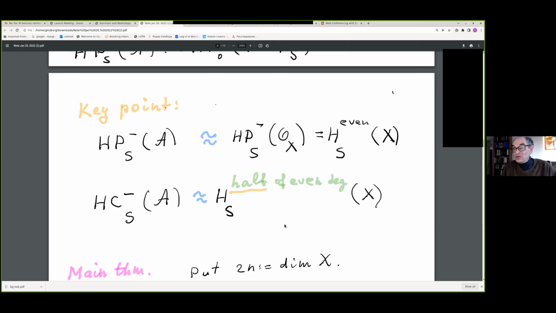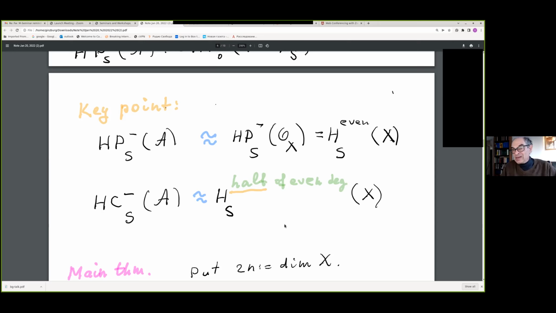So we have the structure sheaf OX, which is just a commutative algebra, and it controls the algebraic geometry of X. And now we have this quantized algebra A. And now you can ask what happens to these cyclic and periodic cyclic homologies when you quantize. And the answer is as written.